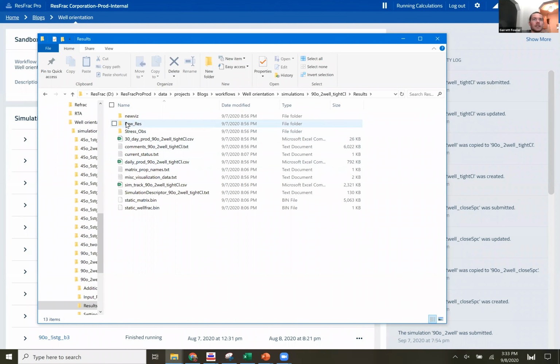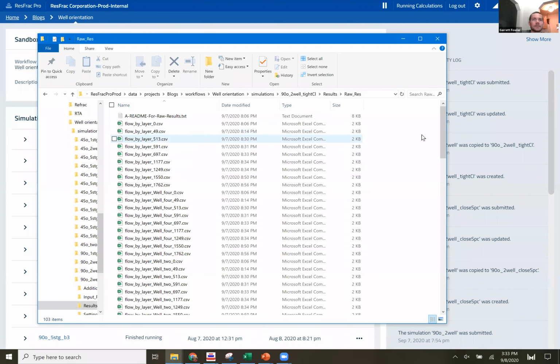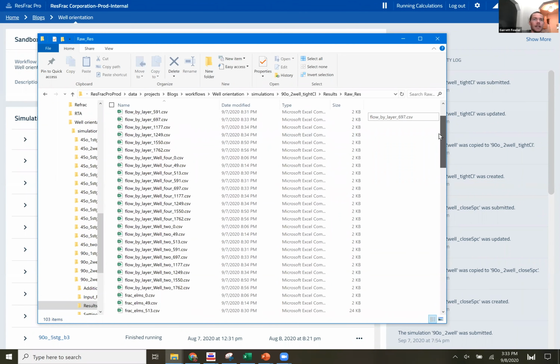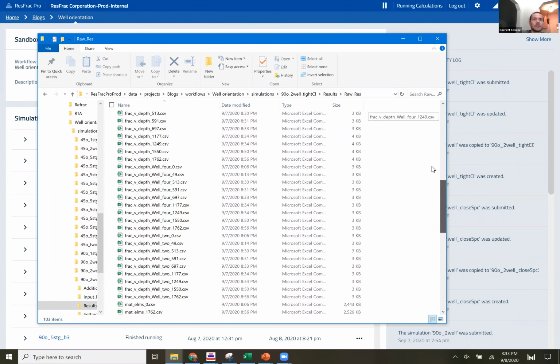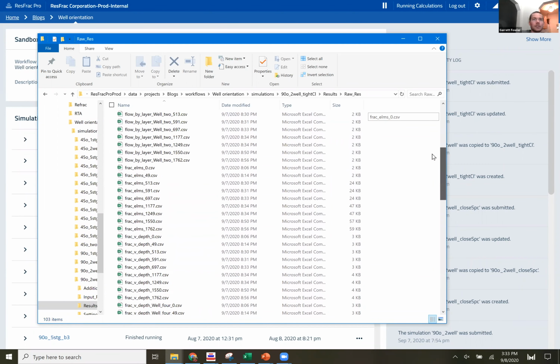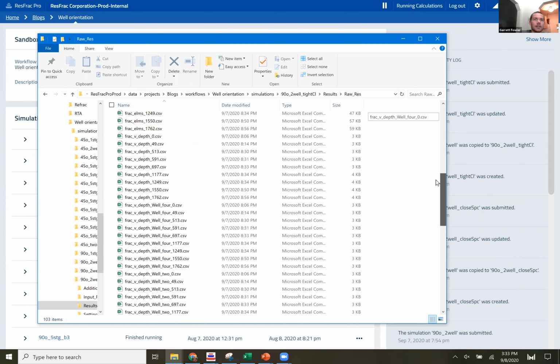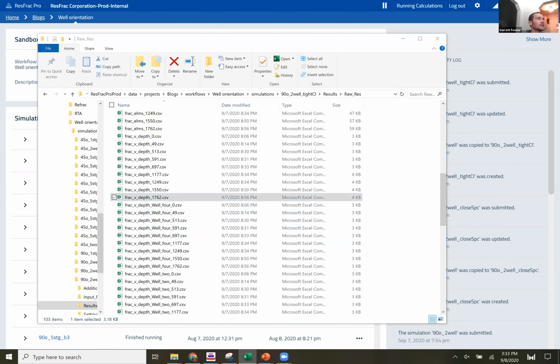You can go into the results folder and then into raw results, and there's a host of files that are produced. My go-to is this Frac versus depth. If I open up this file, and apparently everything always opens on my other monitor.